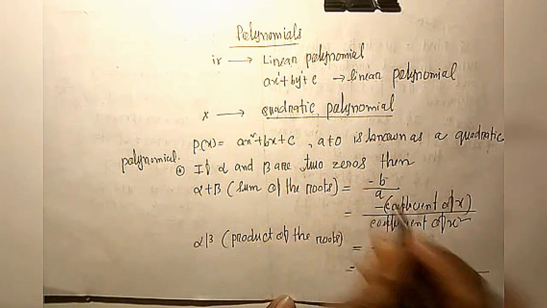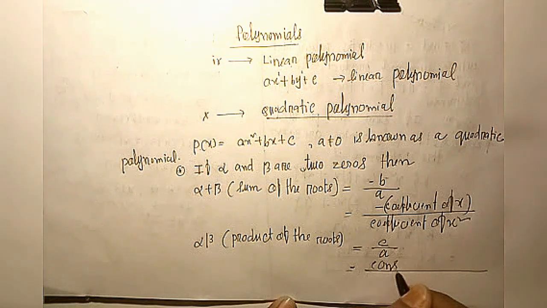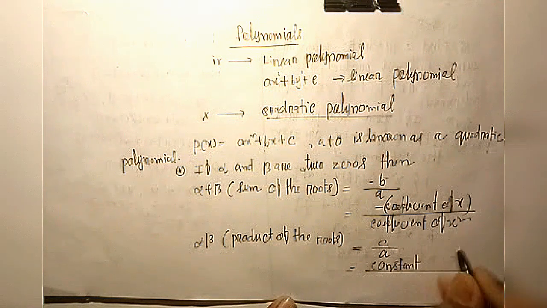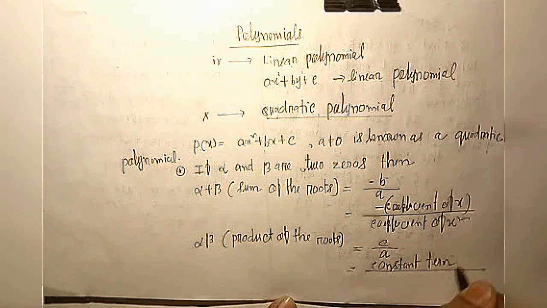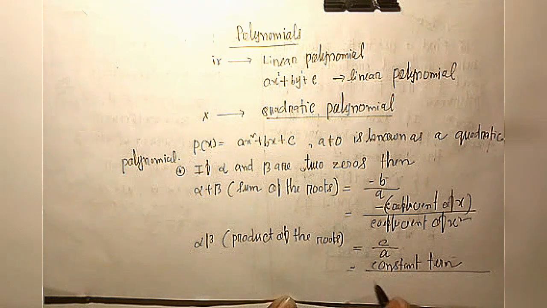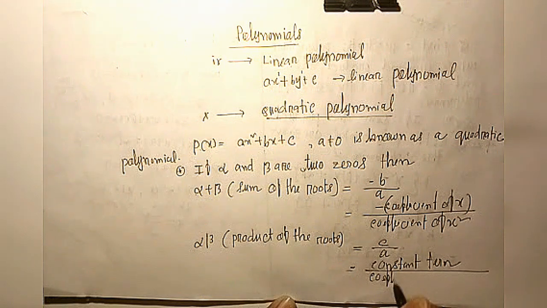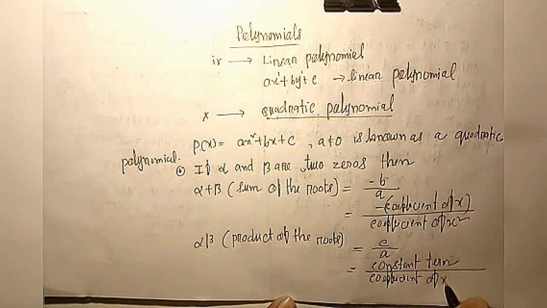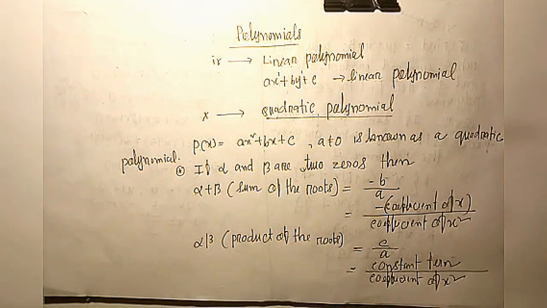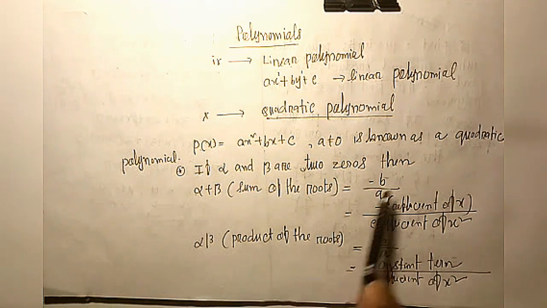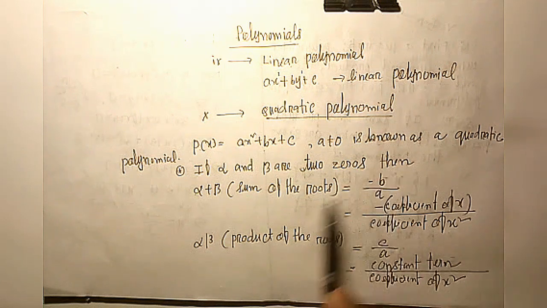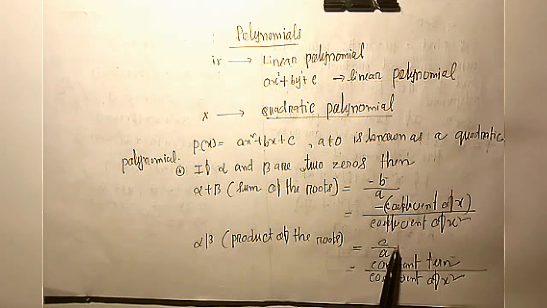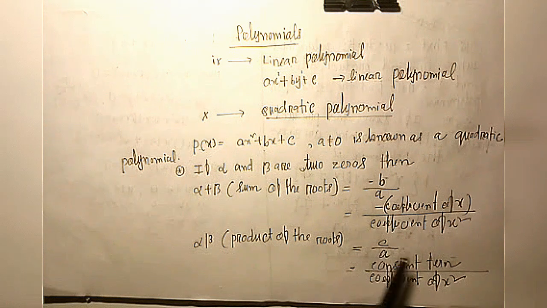C means the constant term, and a means the coefficient of x square. So the constant term divided by the coefficient of x square is the product of the two roots. So the sum of the two roots is minus b by a and the product of the two roots is c by a.